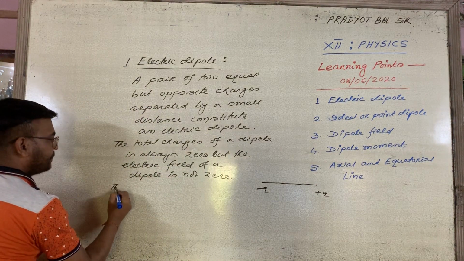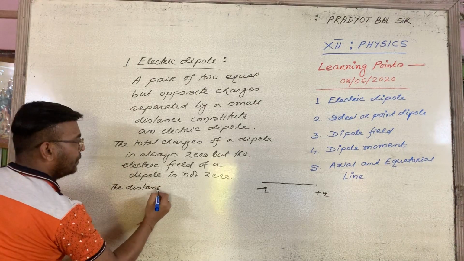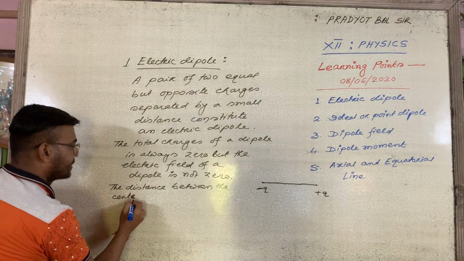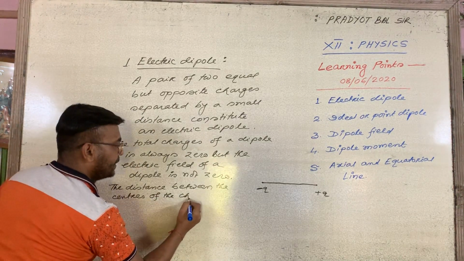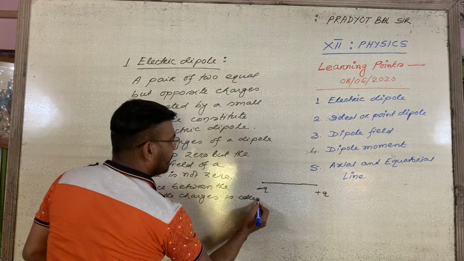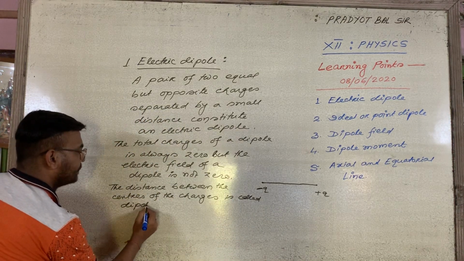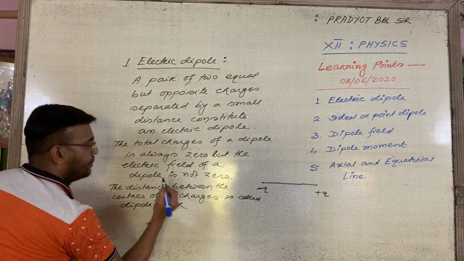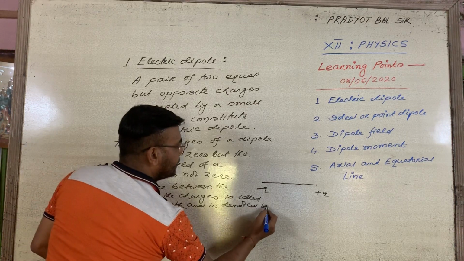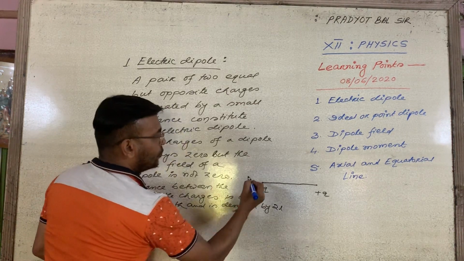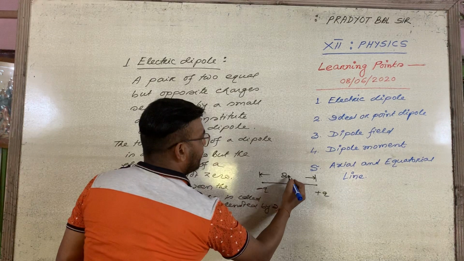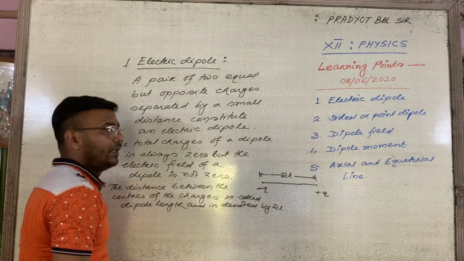The distance between the centers of the charges is called dipole length, and is denoted by twice L. So this distance from there to there, you are getting twice L, and this is known as dipole length.